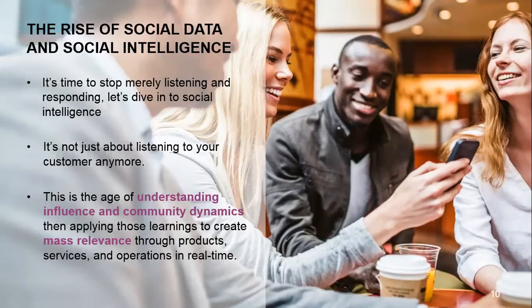This is what we call social intelligence. Social intelligence is the decisions and the changes that you can make using social data as a lens into what's being said in the real world. It's about creating relentless relevance through product, services, and operations in real time. Next slide.